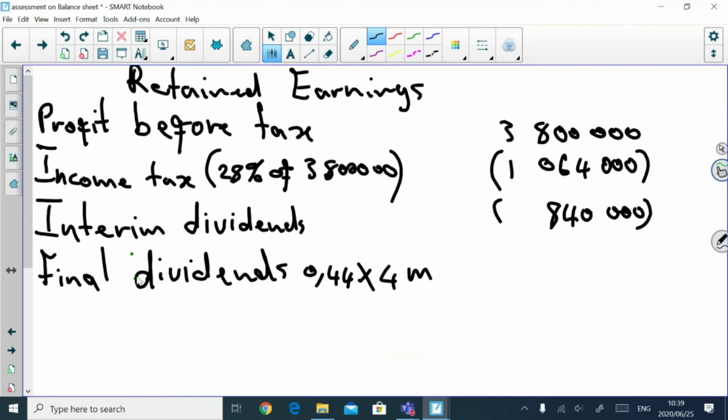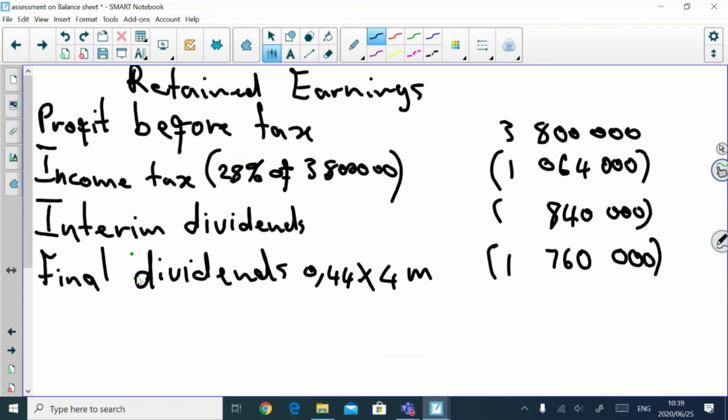Let's see what's the total. 4 million shares. 1,760,000.